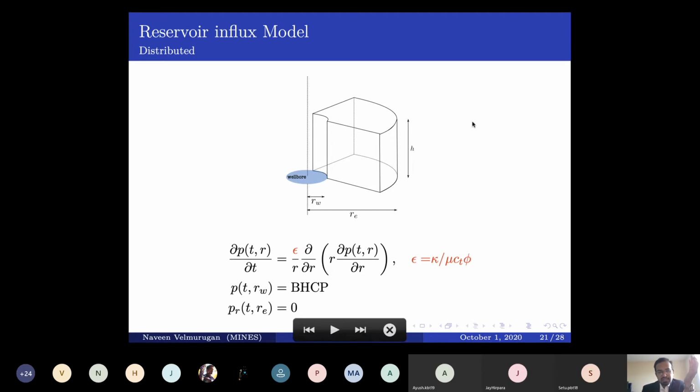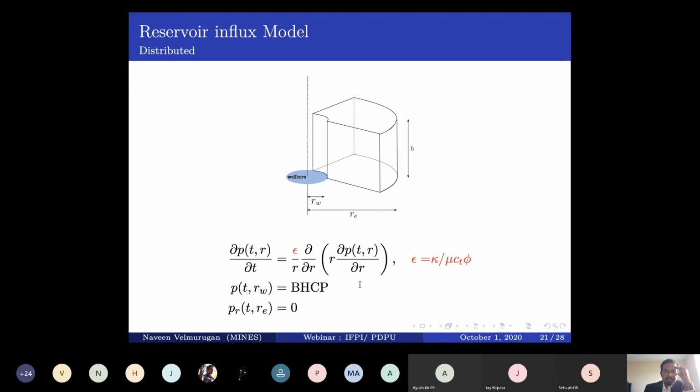If you have an injector on the other side and you want to maintain the pressure at this particular extent by pushing fluid, then the pressure at RE will be a particular pressure PE, since you want to maintain a constant pressure. But here in the transient setting, the flux is going to travel all the way along, so it's a zero flux condition on the other side.